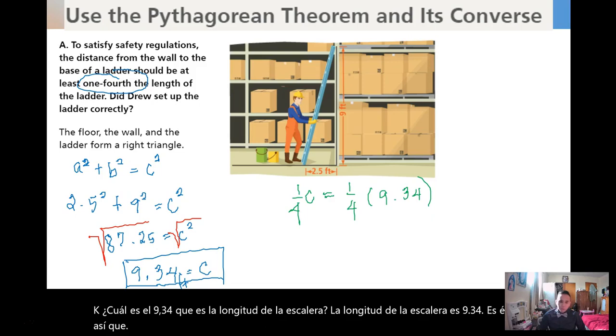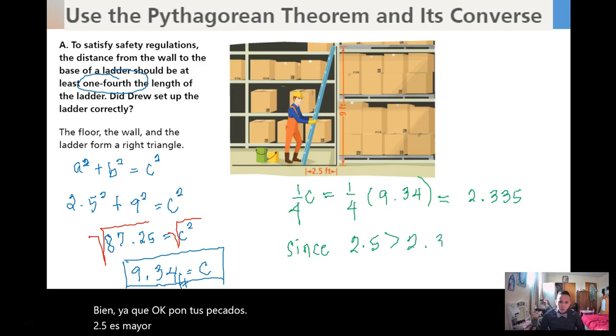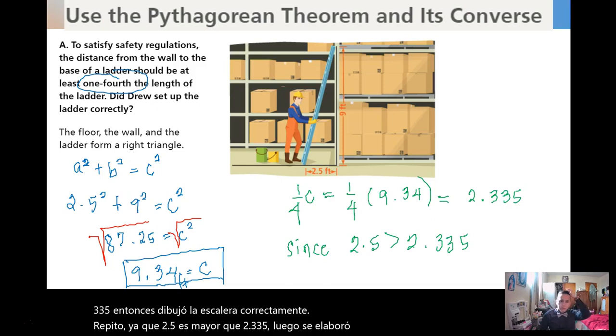That is approximately 2.335. Since 2.5 is greater than 2.335, Drew set up the ladder correctly. I'll repeat: since 2.5 is greater than 2.335, Drew set up the ladder correctly.